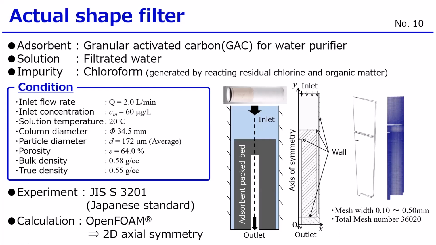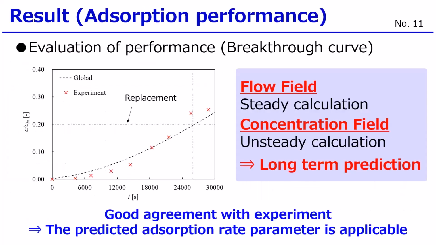Other conditions are shown in this slide, and the calculation is performed by OpenFOAM, and the calculation model is a two-dimensional axisymmetric model. This is a result of adsorption performance of the actual shape filter.